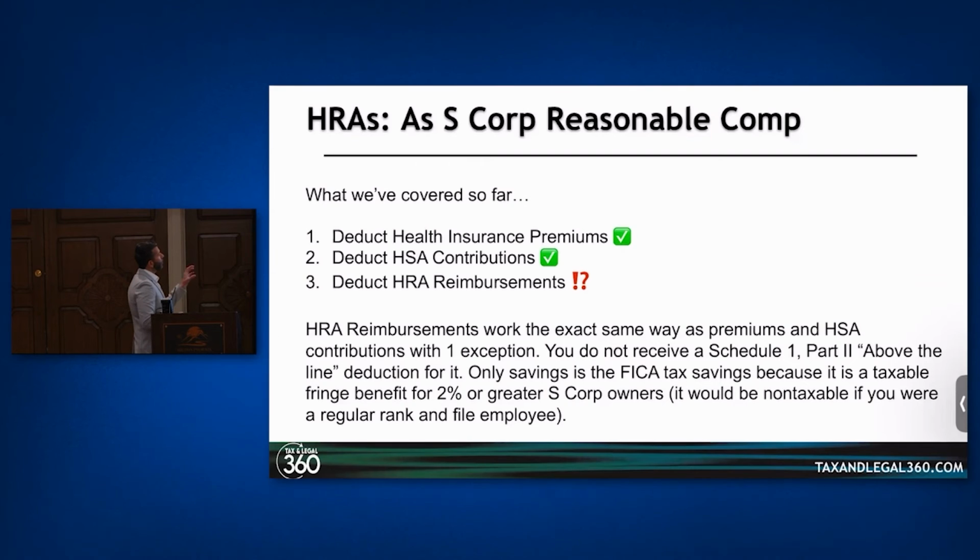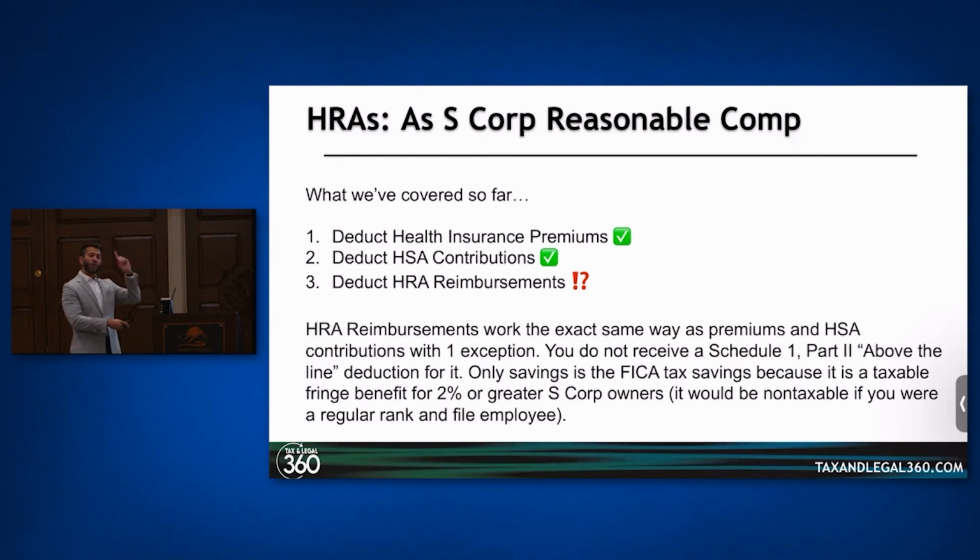So the only savings that you get when you funnel your HRA reimbursements through your payroll is the FICA savings. And that's what I led with. I told you that if you go this route and you do the HRA, you're going to save about 15.3% in FICA taxes, okay? Now, I do want to call this out here where I'm saying the only savings is FICA because it's a taxable fringe benefit for a 2% or greater S Corp owner, right?